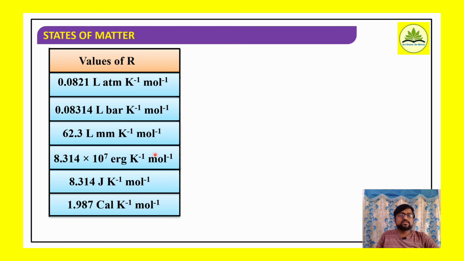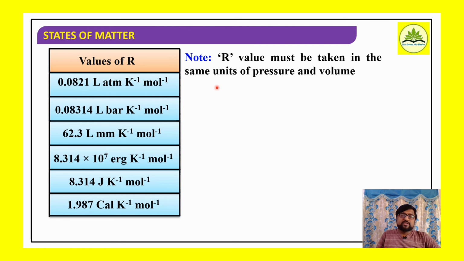These are all the possible values for R, the universal gas constant. The R value must be taken in the same units as pressure and volume, so depending on the units of pressure and volume, we have to take the corresponding value of R.